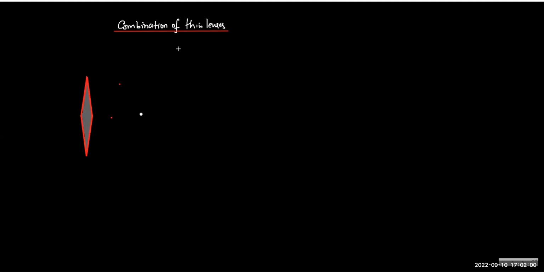So let's say we have a prism, and now cut into two halves, and a ray of light is coming. And we know that it will deviate, right? So for a small angle prism A, the deviation is how much?